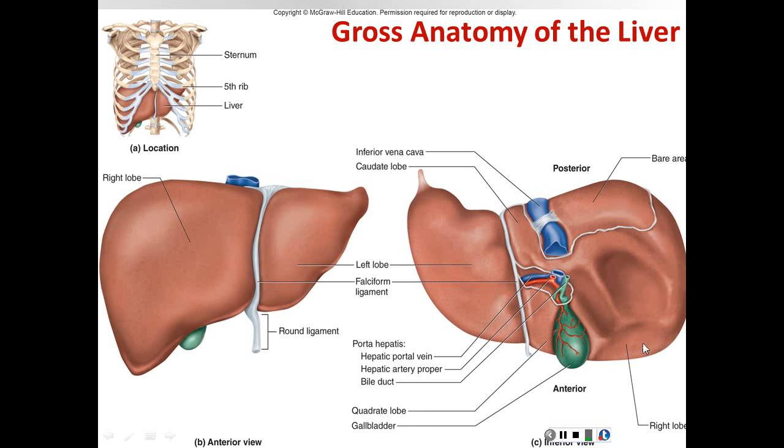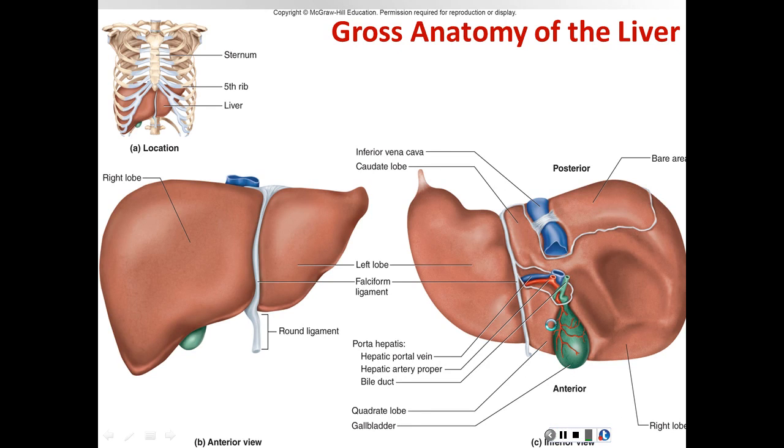In the posterior view, we see it a lot better, where we see the inferior vena cava and that little deep groove, the sulcus, which is a deep groove within the liver that holds the inferior vena cava, the blood vessel that will take the blood towards the heart.